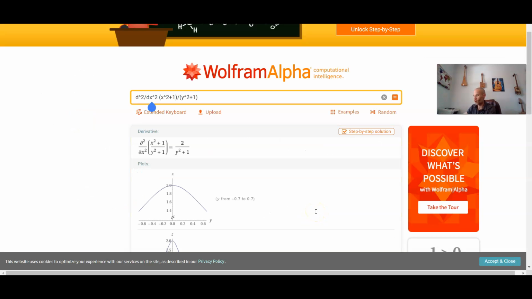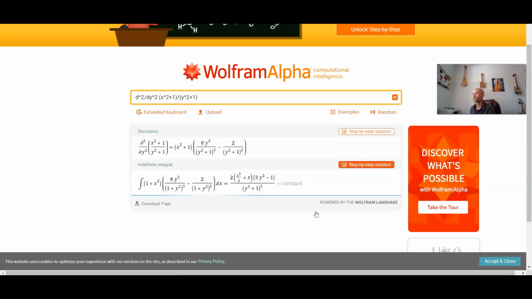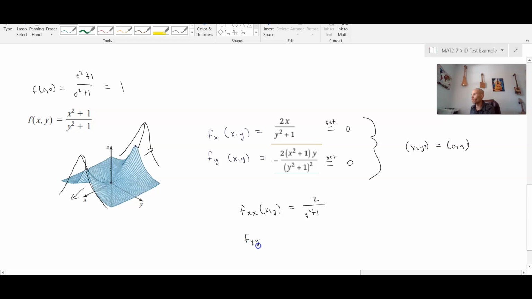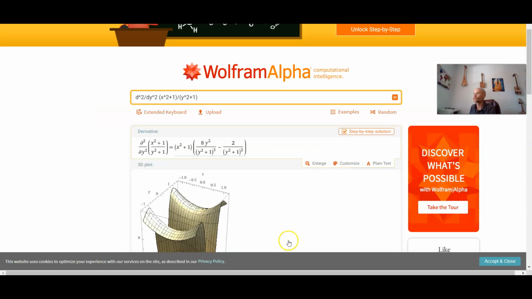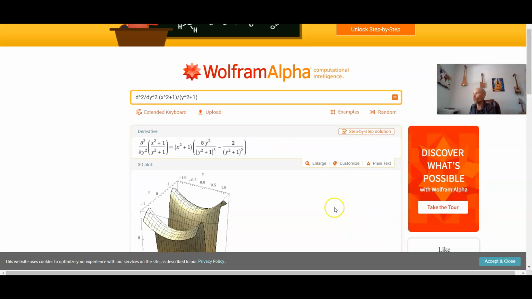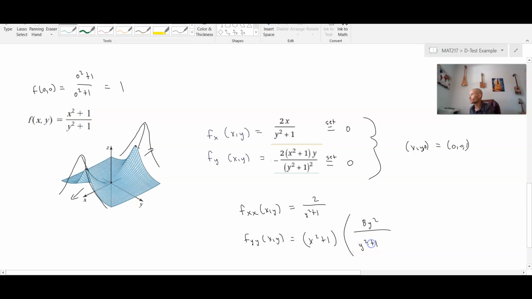And now I'll do the same thing for y. This one's a bit more complex looking, and it's a good thing we didn't have to do this by hand. We get f sub yy is equal to x squared plus 1 times the quantity 8y squared over y squared plus 1 cubed, and then we have minus 2 over y squared plus 1 quantity squared.